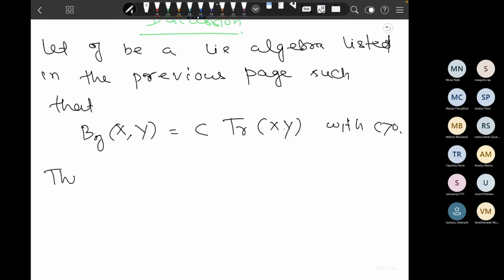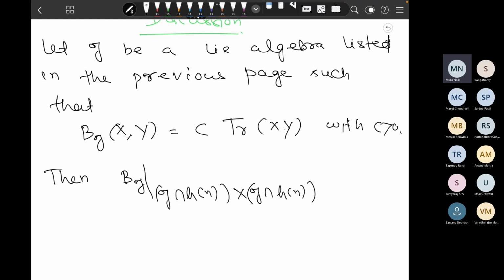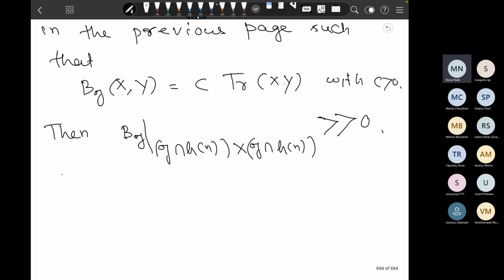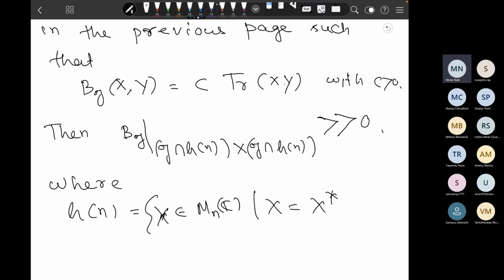So then Bg restricted to G intersection Hn is always positive definite. Why? Because if X belongs to G intersection Hn, where Hn is the set of all Hermitian matrices in MnC, so that X is equal to X star.